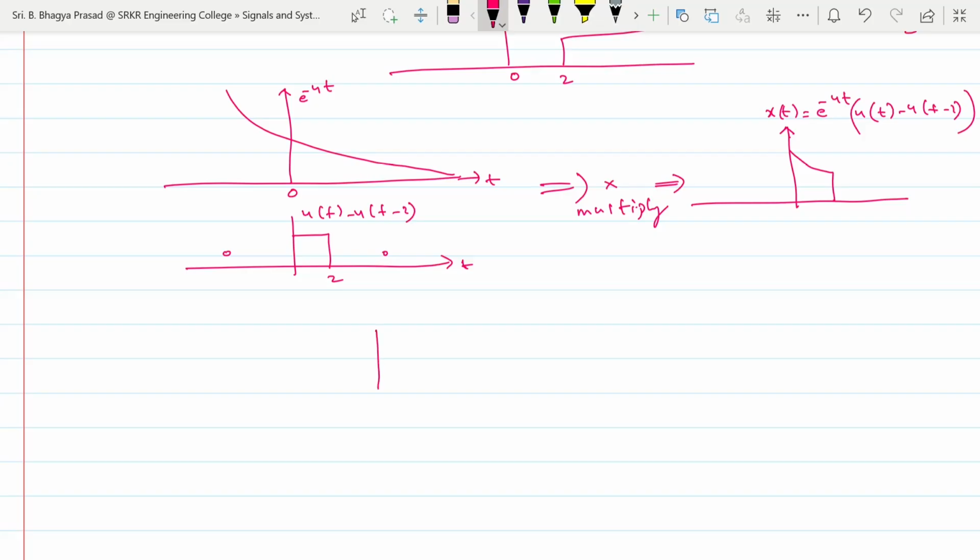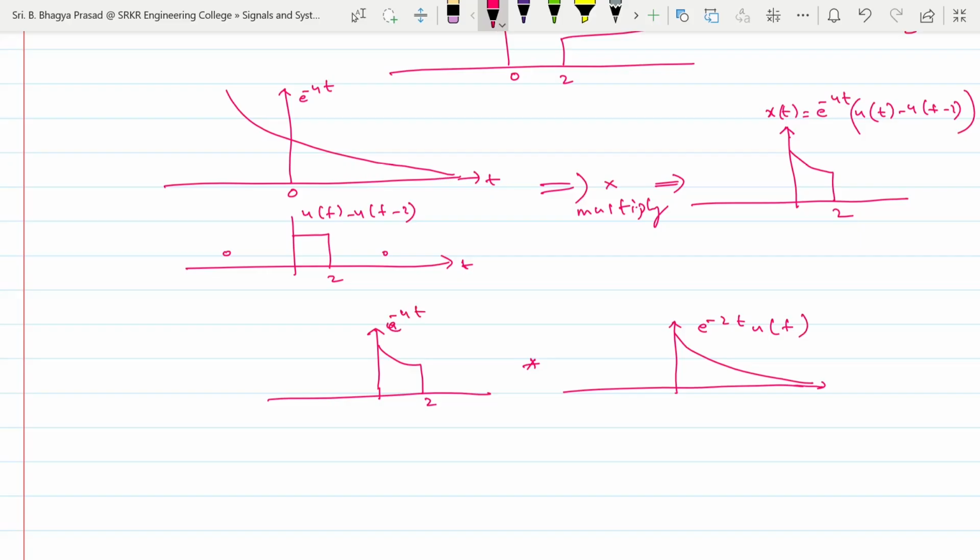So let us find the convolution of e power minus 2t u of t, an exponentially decaying signal, with e power minus 4t u of t minus u of t minus 2.